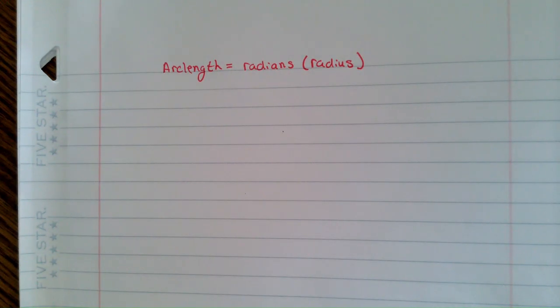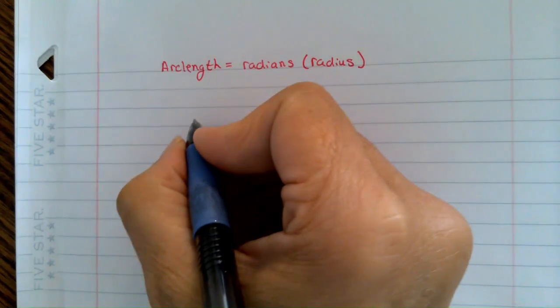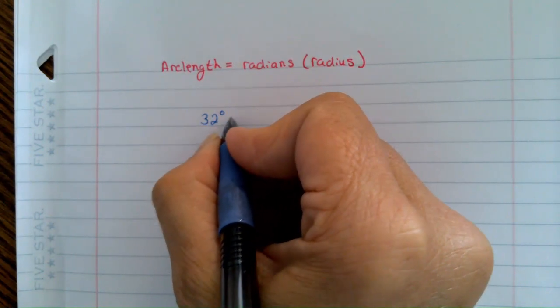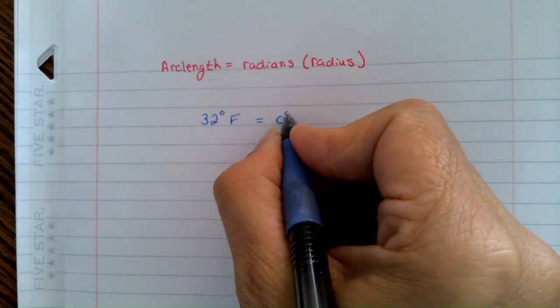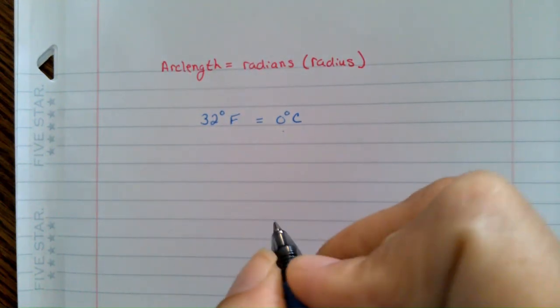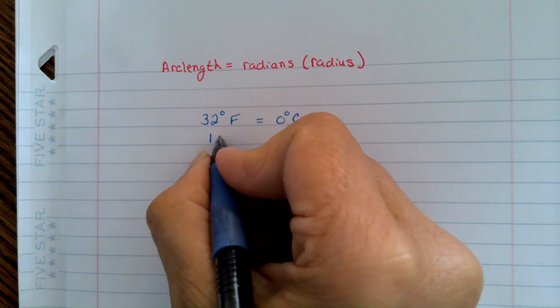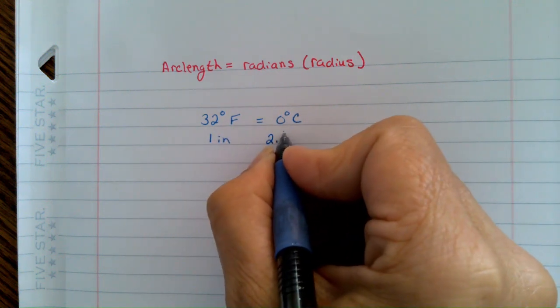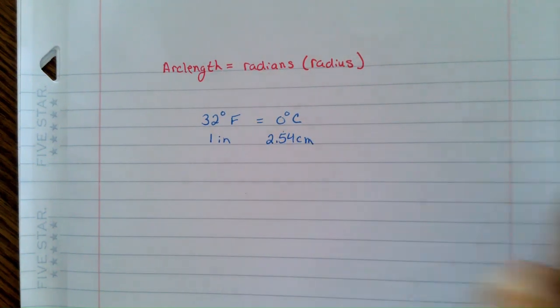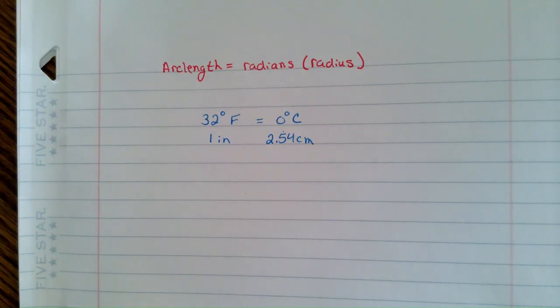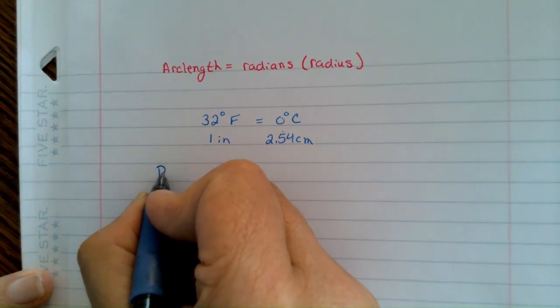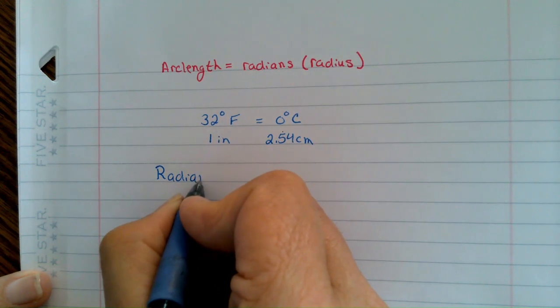Just like 32 degrees Fahrenheit is 0 degrees Celsius, or 1 inch is approximately 2.54 centimeters. 1 radian, you don't want to know what 1 radian is. However, radian is based on a circle with radius 1.